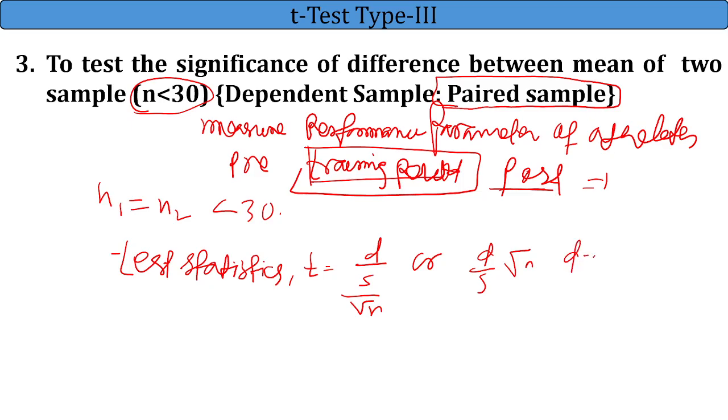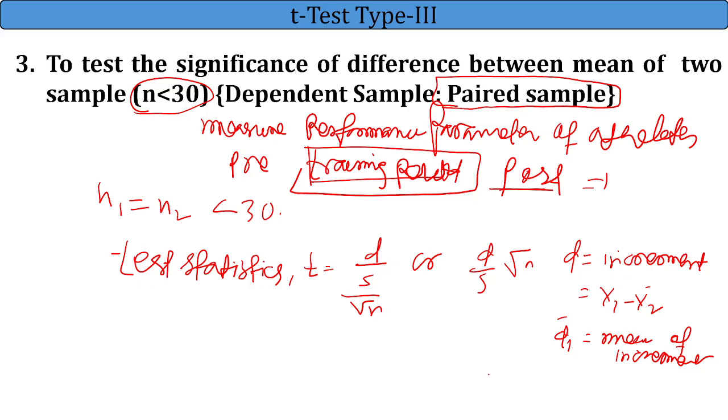Here D is actually an increment or decrement, X1 minus X2, and we can take the mode. D̄ will be the mean of the increments. So the sample S will become the square root of the summation of (D minus D̄) whole square by n minus 1.